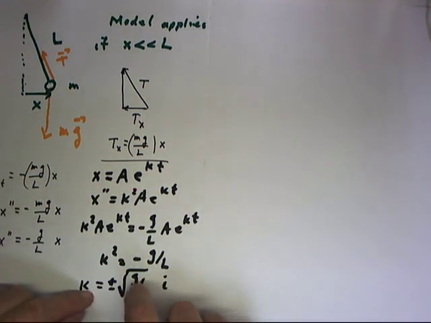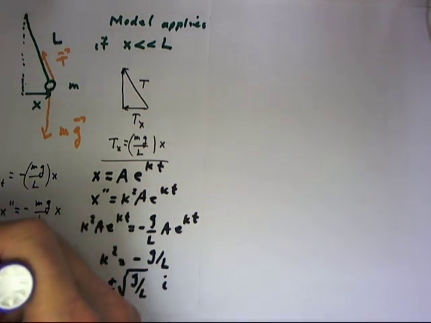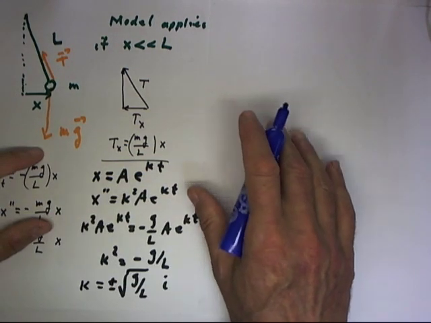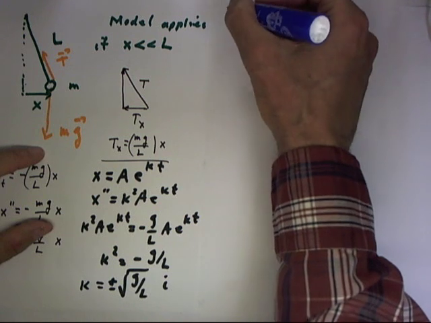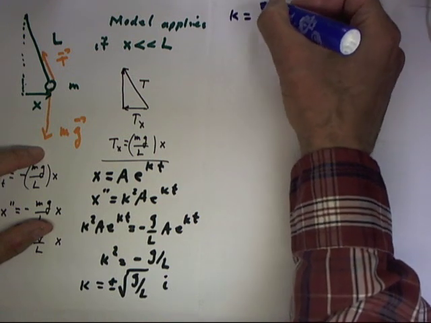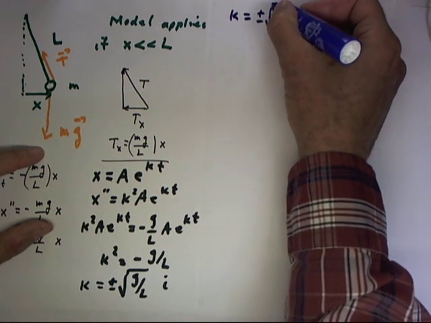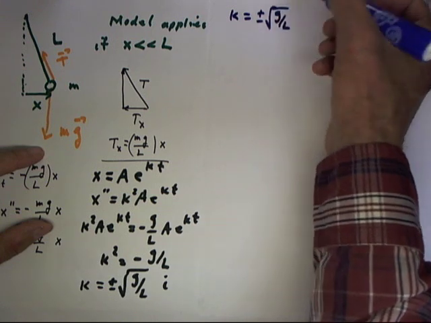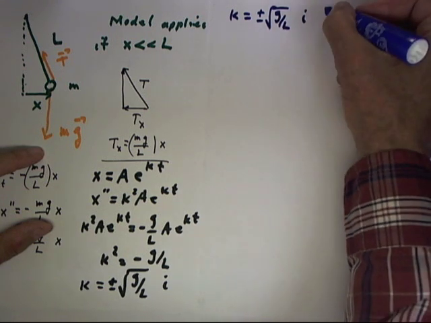Substituting k equal plus or minus square root of g over l i. And before we substitute, let's simplify our notation a little bit. We got k equals plus or minus the square root of g over l i.